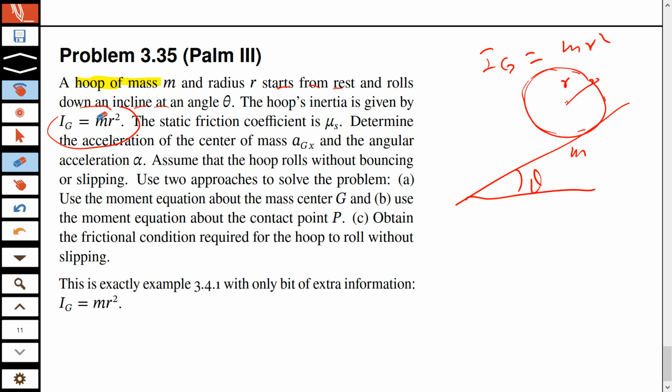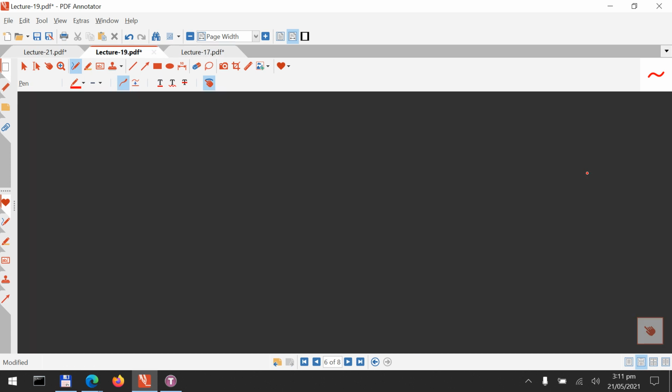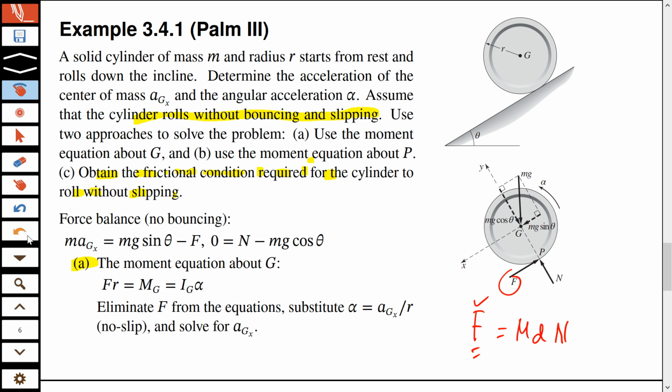इसके अलावा अगर आप स्टेटमेंट पढ़ लें तो इसमें और एग्जाम्पल 3.41 में कोई फर्क नहीं है. If I go to example 3.41, अब नोट कर लें, सिर्फ ये IG नहीं गिवन, अदरवाइज देखो ना, ये वही स्टोरी है. मास, रेडियस, डिटरमिन द एक्सेलरेशन ऑफ द सेंटर ऑफ मास. इसकी एक्सेलरेशन हमें चाहिए थी AgX, और एंगुलर एक्सेलरेशन भी चाहिए थी अल्फा.